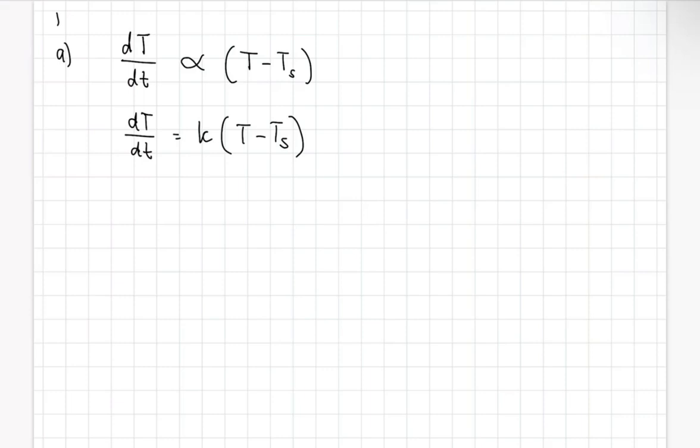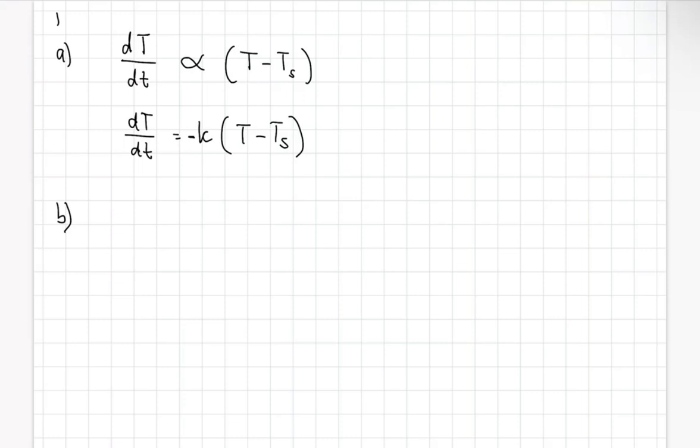Then question number B. Show that the solution of the differential equation in A is T(t) equals Ts plus A exponent minus kt. We have a negative sign here, right? Negative k. So why do we put the value of k negative?